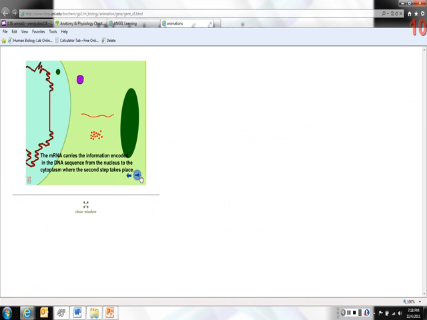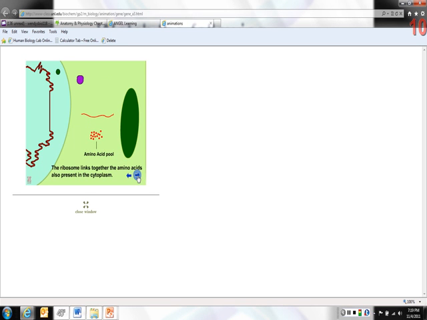The mRNA carries the encoded information in the DNA sequence from the nucleus to the cytoplasm, where the second step takes place. During this step, called translation, the mRNA strand is read and amino acids are linked together into a protein. The sequence of the mRNA is read by molecules present in the cytoplasm called ribosomes.